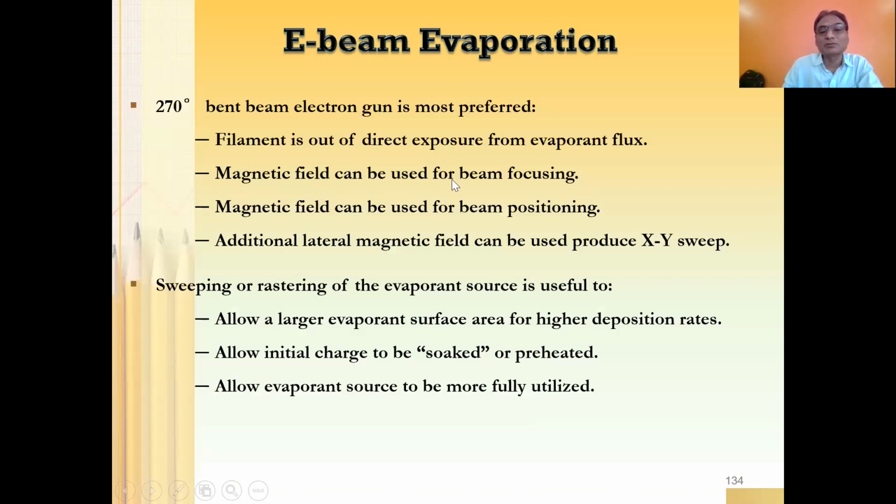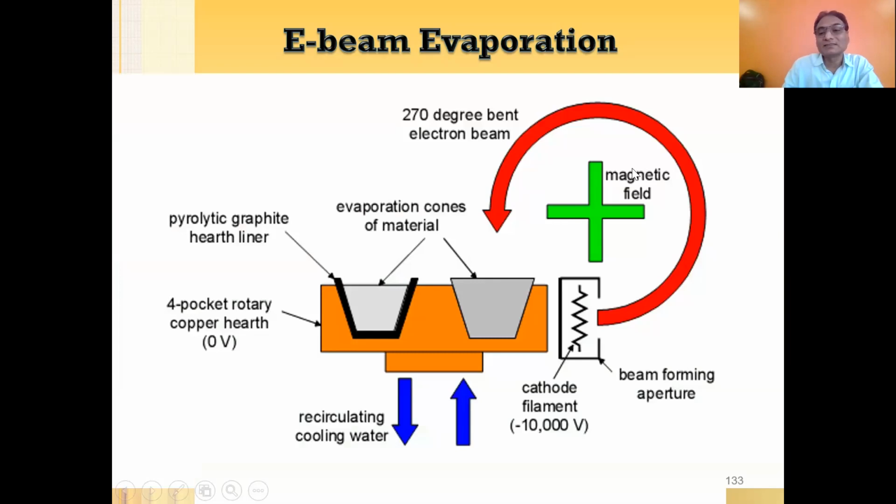Magnetic field can be used for beam focusing. Magnetic field can also be used for beam positioning. Additional lateral magnetic field can be used to produce the X-ray. Now, as far as this magnetic field is concerned, it is used for focusing, as well as lateral and vertical movement.